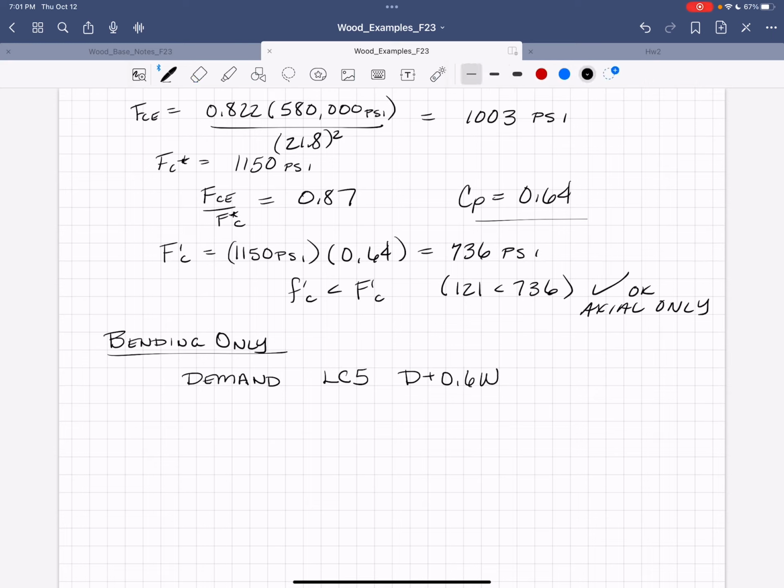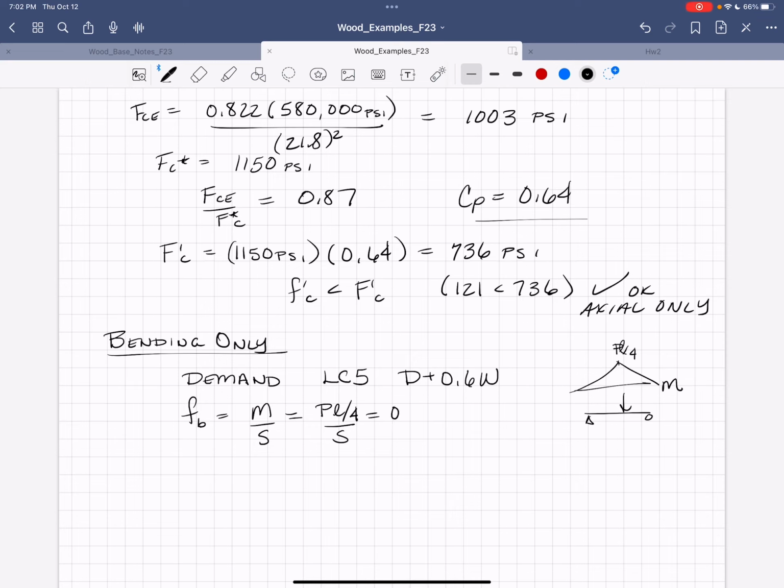F_b, the bending stress, is M over S. Moment is PL over 4, right? That's the moment for a center point loaded beam, and that's basically what we have, just turned up on its side, over S.